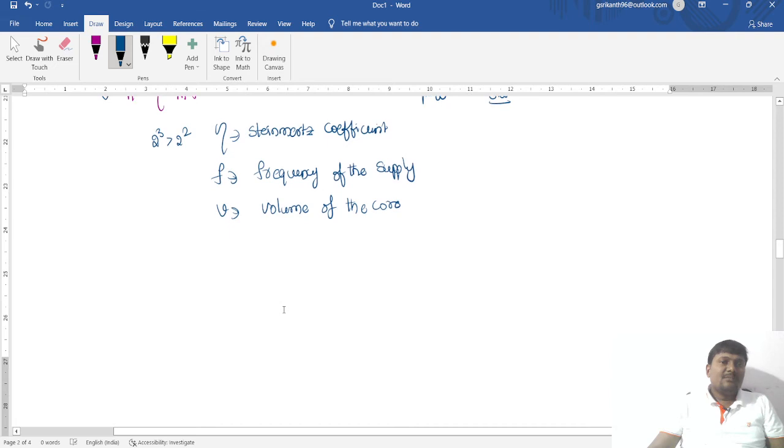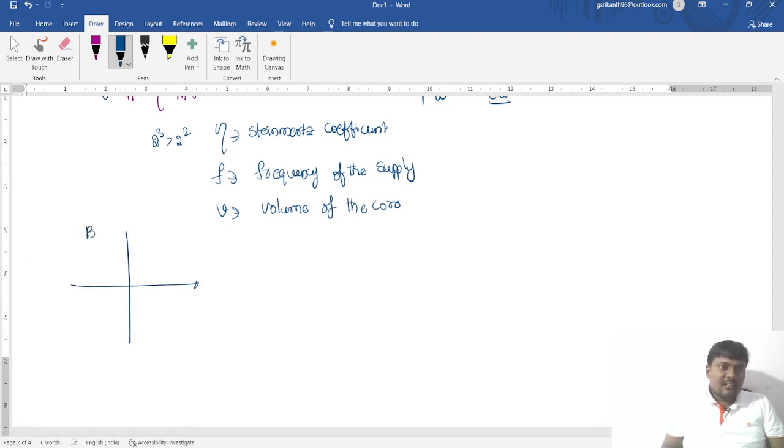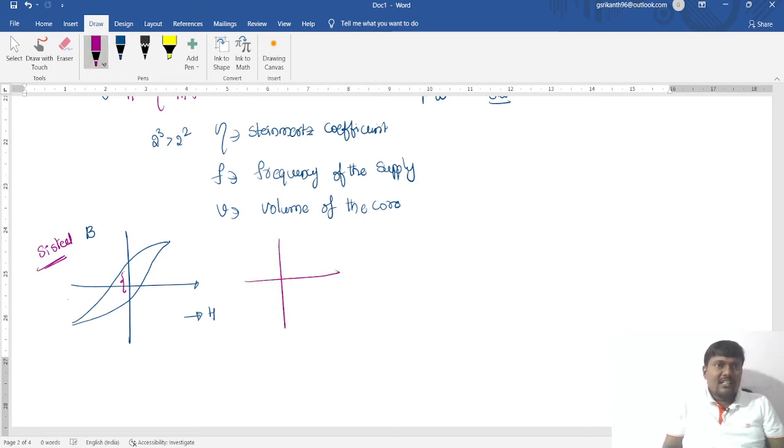Now, what is meant by hysteresis loss? From the intermediate concept, B is on the y-axis and H is on the x-axis. If you draw the BH curve for silicon steel, the area between these two curves is small. This is for silicon steel. If you go for cast steel, the area is like this.